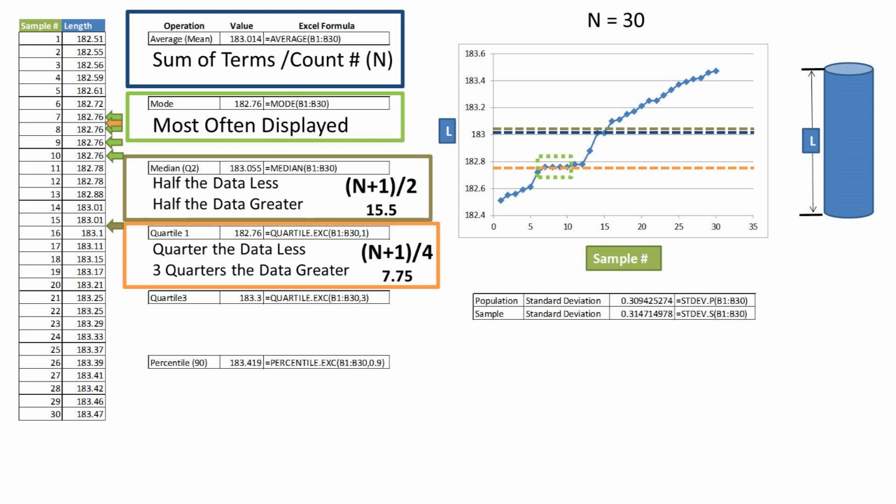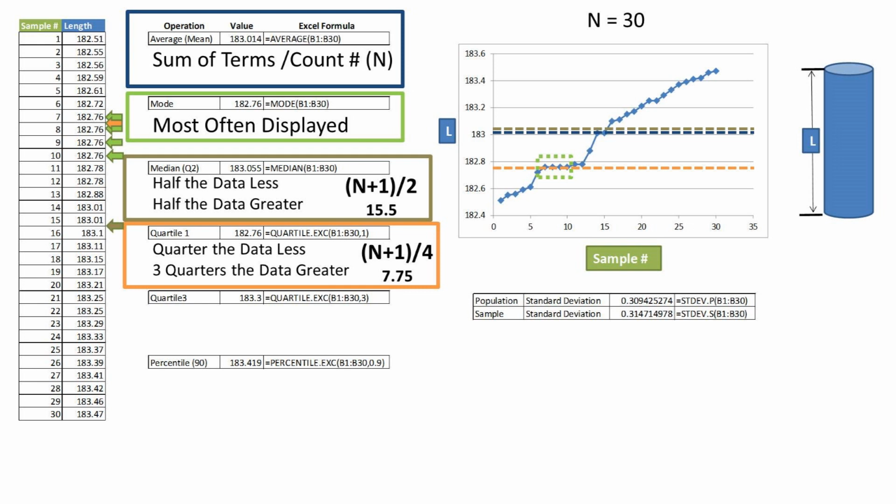Let's move on to the first quartile, where a quarter of the data is less and 3/4 of the data is greater. I want to lead with there are 4 or more methods which you can find the quartiles. Be careful to use the one your teacher or professor wants you to use. This is the method I was taught. We take the sample size n, which in this case is 30, and add 1 and divide by 4 to get the place.